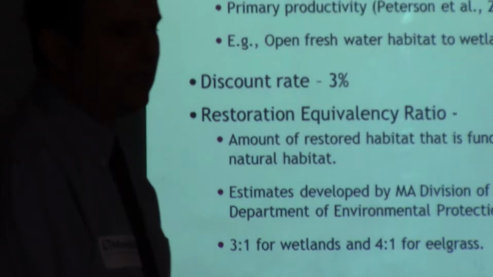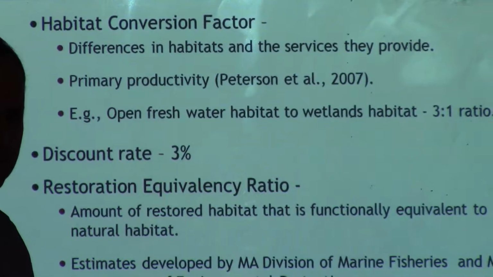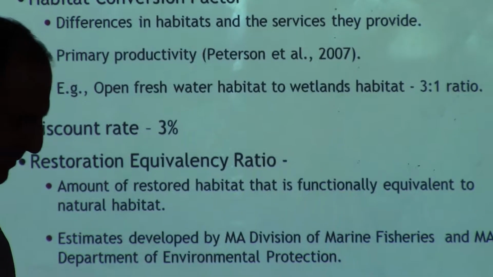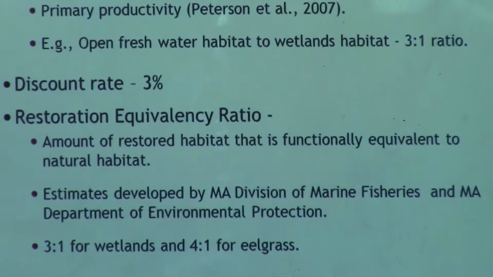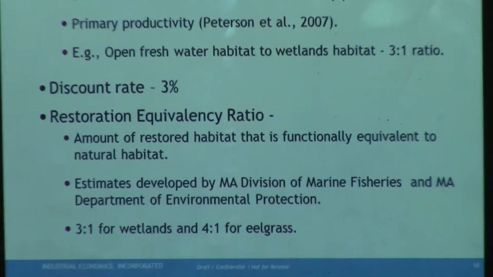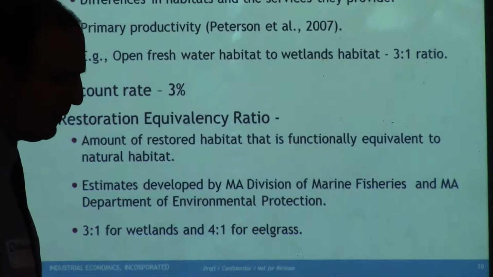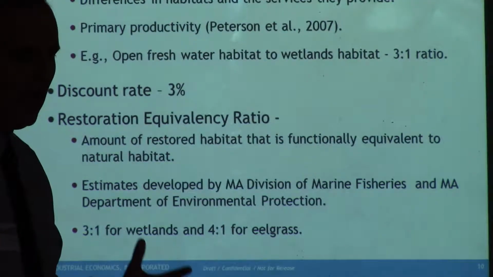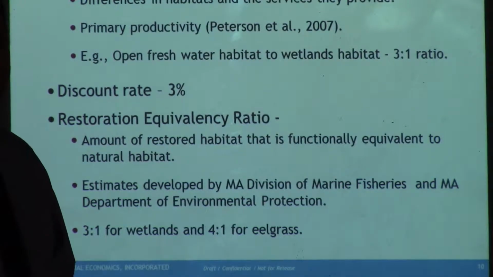If you have 3 acres of open water habitat, it's 1 acre of wetland habitat, or vice versa, of course. Generically, all wetland habitat is just this category called wetland habitat. For folks on the phone, was there any distinction between different types of wetlands? There are a lot of different types of wetlands across the state, but there is not. It's just all wetlands.